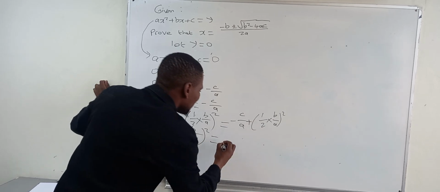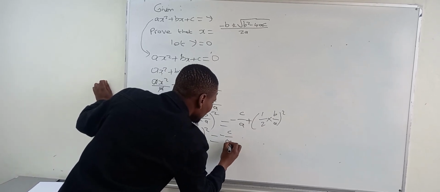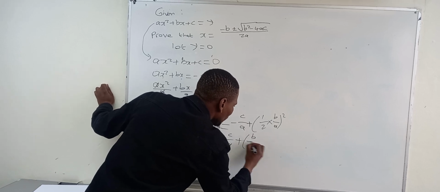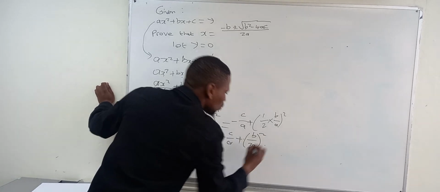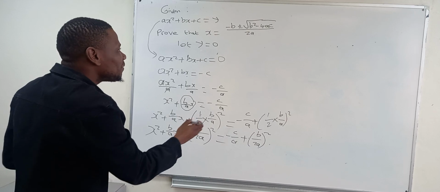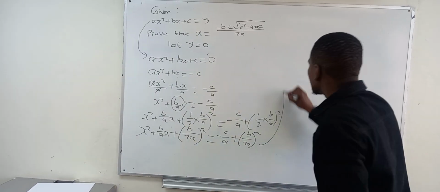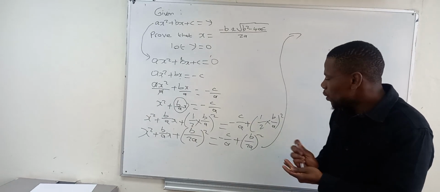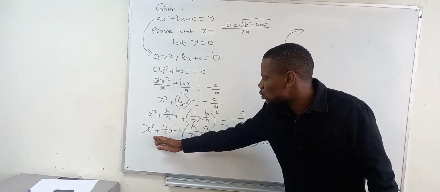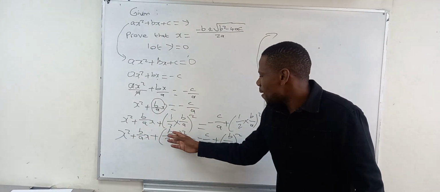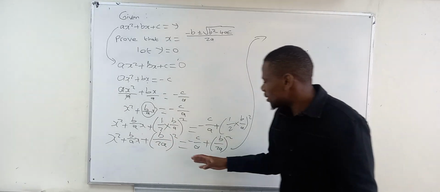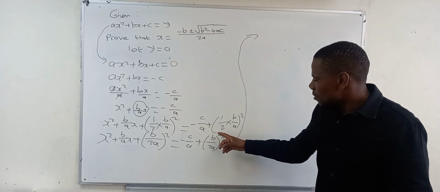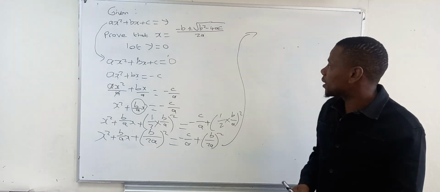So on the right hand side, we'll be having minus c over a plus, we simplify the bracket, we'll be having b over 2a, then we square it. Then we simplify it further. On the left hand side, we have x squared plus b over a x plus b over 2a, everything squared. And on the right hand side, we have minus c over a plus b over 2a, everything is squared.